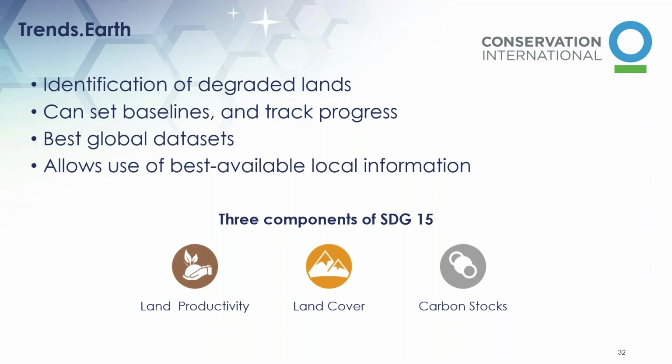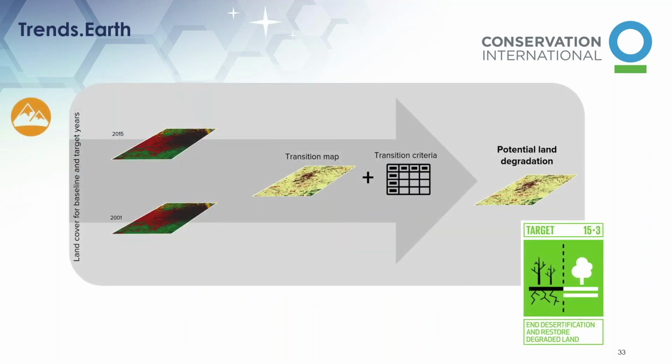So within this tool, you can do things like download and visualize remote sensing data, map and calculate vegetation indices and study trends in vegetation productivity, compare different types of satellite imagery, also include ground-based data, and compare the ground data with Earth observations. So much of this tool focuses on these three components: land productivity, land cover, and carbon stocks. So for example, for the land cover portion, Trends.Earth allows the user to take many dates of images, in this example, 2001 to 2015, and create a transition map. So transitions from one land cover type to another. And then you can identify a set of criteria to evaluate the various transition types and create a map of potential land degradation.